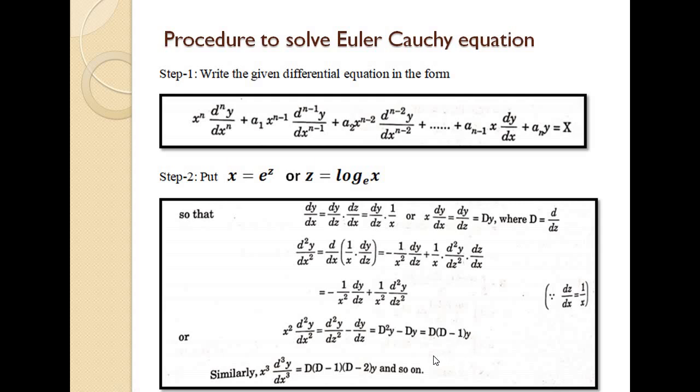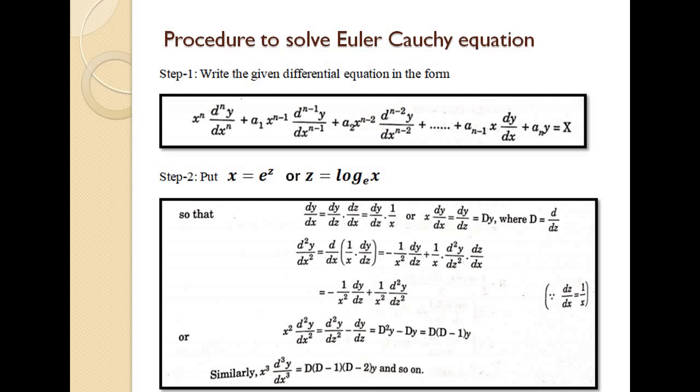In a similar manner, we can derive x cube into d cube y by dx cube is equal to D into D minus 1 into D minus 2 operated on y, and so on. Like this you can derive all the terms of Cauchy's homogeneous equation.